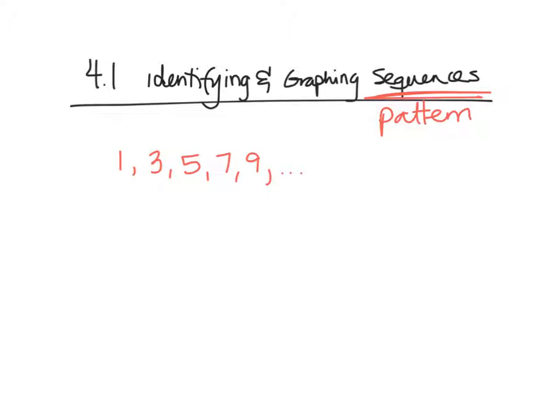Some notation that you're going to notice would be something like f of n. Remember, that's just a function, and n is going to be the number term, and term is what they call each part of the sequence. So each specific number is called a term. So f of n would be the sequence that we have here, and in this specific sequence, for example, f of 1 equals 1.